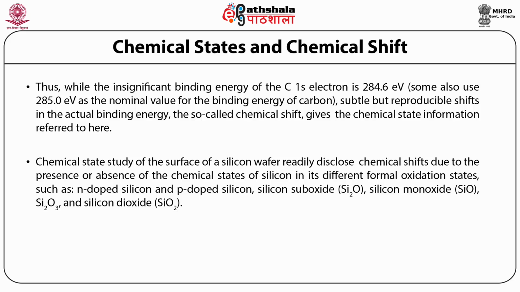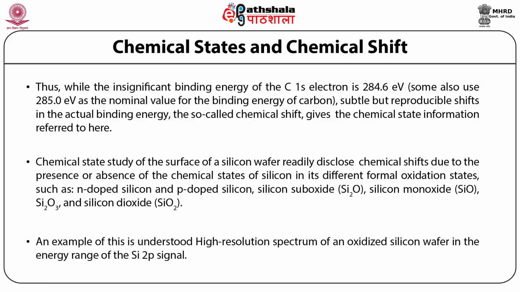These can all be distinguished with the help of this spectroscopy, which otherwise is very, very difficult to do. An example of this is a high-resolution spectrum of an oxidized silicon wafer in the energy range of the Si 2p signal, which can be very conveniently done.